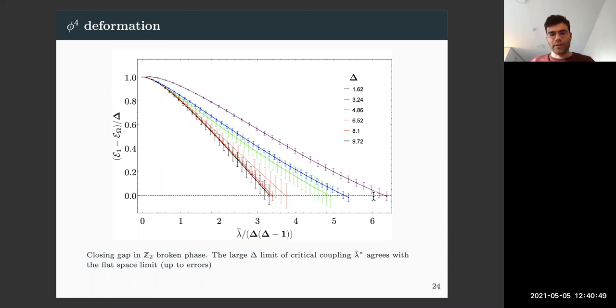And up to errors, we actually do. So for example, here, as I showed you, the critical coupling was around 3, it's actually 2.97, I guess. Here we go to 3.2 for delta equal to 9.72. This is the highest delta we could go. And up to the errors, we are actually matching with the flat space limit results there.